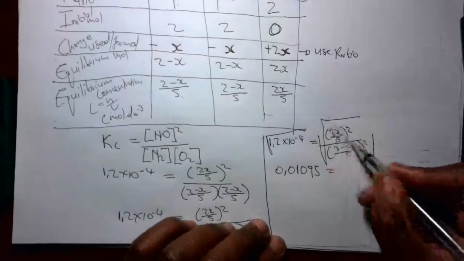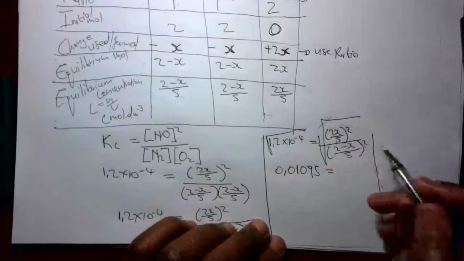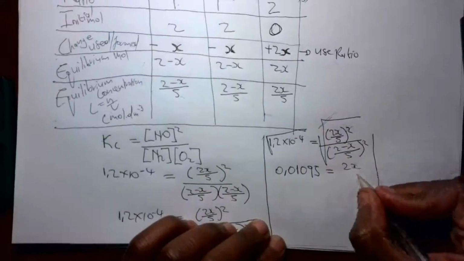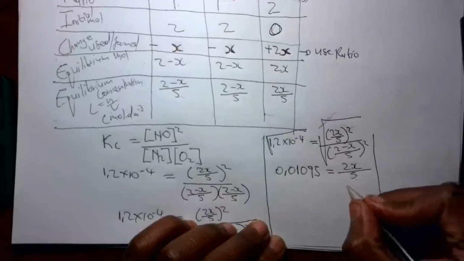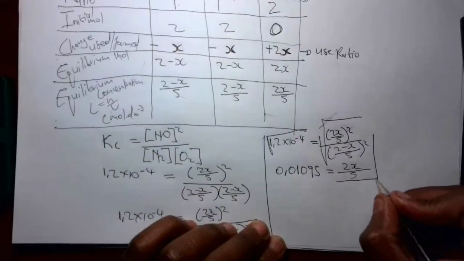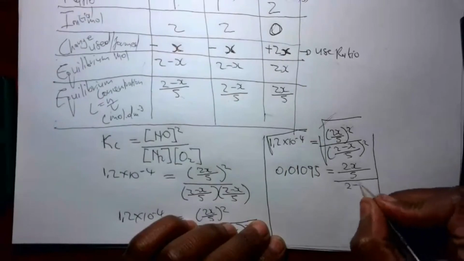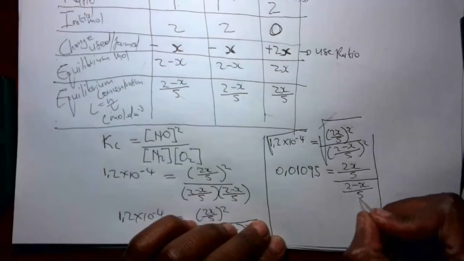On the top part this cancels that and this cancels that, so I'm going to have 2x over 5 over 2 minus x over 5.